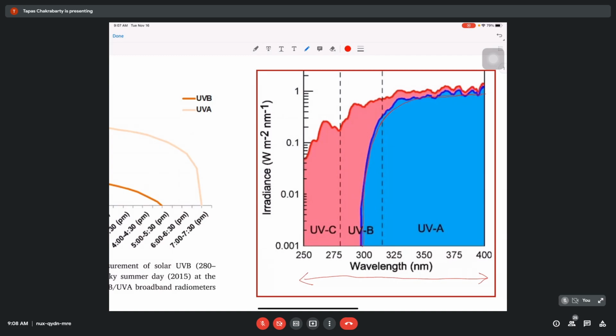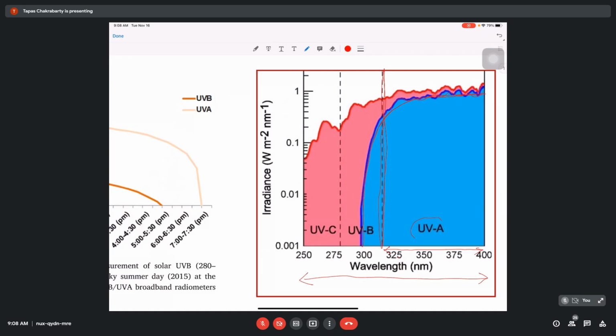You can see some small oscillations here, mostly because of the absorption of light by atmospheric molecules. UVA is denoted by this vertical dotted line, and UVA means 400 to approximately 320 nanometer.